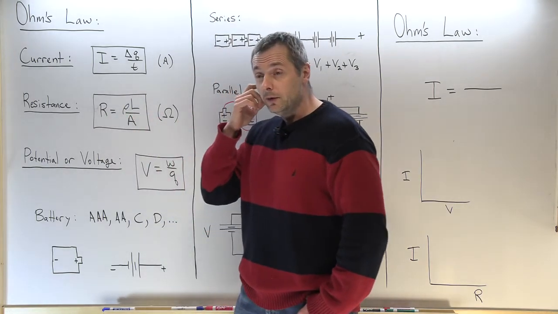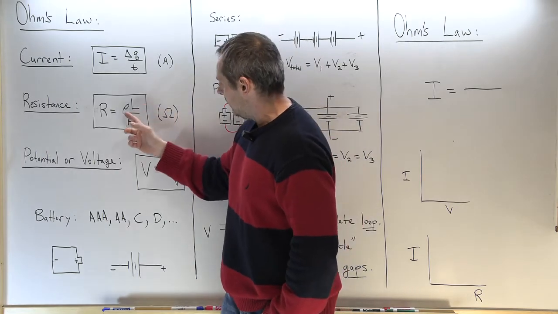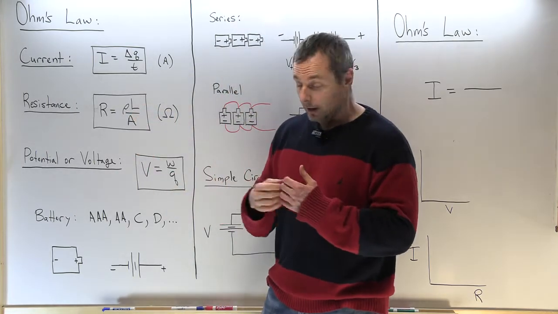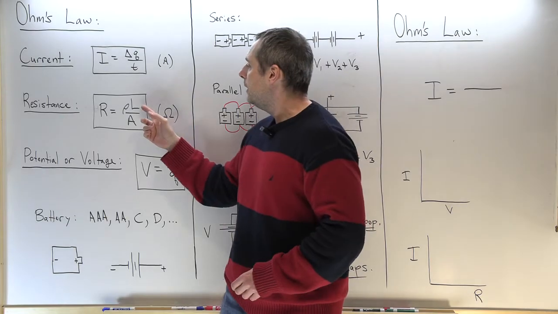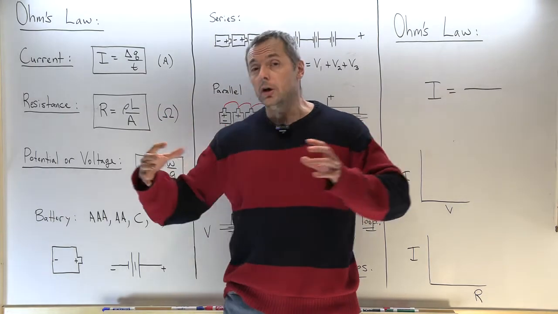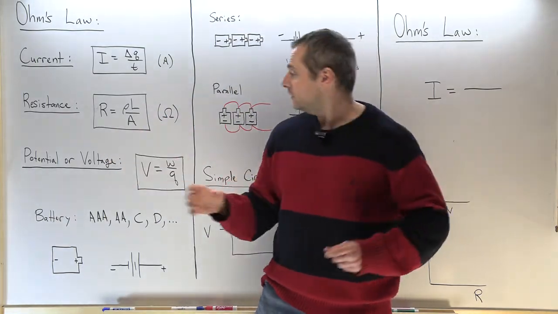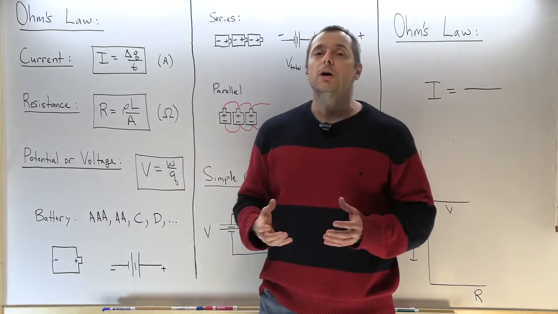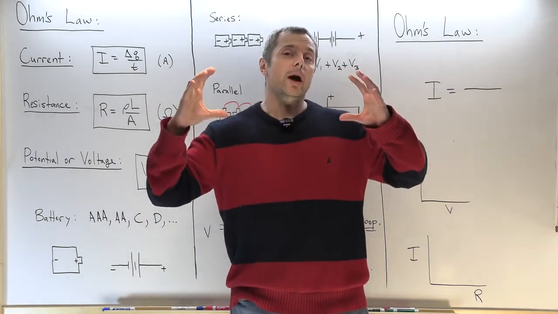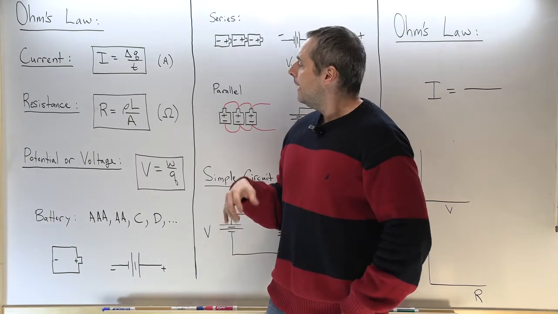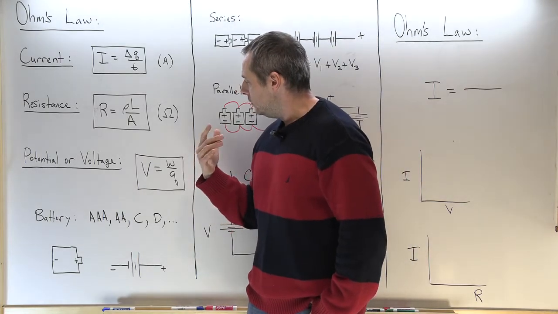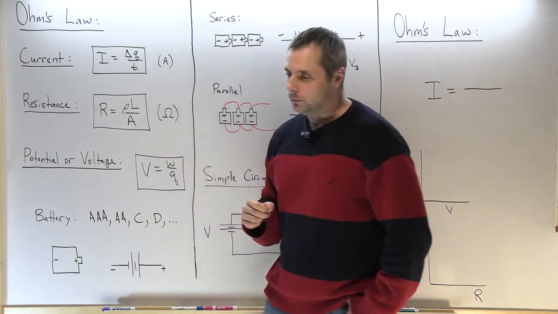It's a constant on the reference table. Depends on the metal that the conductor is made of. Length on top, meaning longer wires make more resistance. Area on the bottom, which means that thicker wires mean less resistance. And the unit of resistance is in ohms.